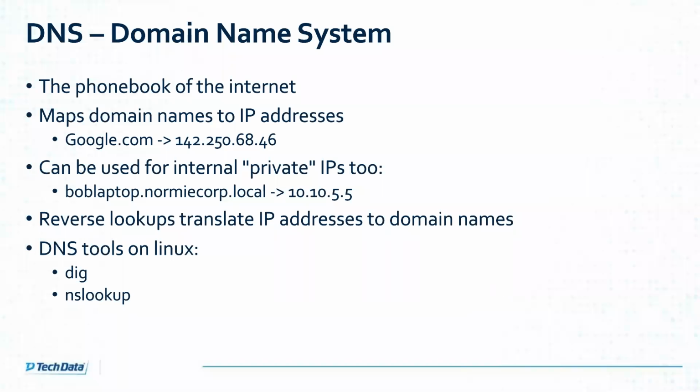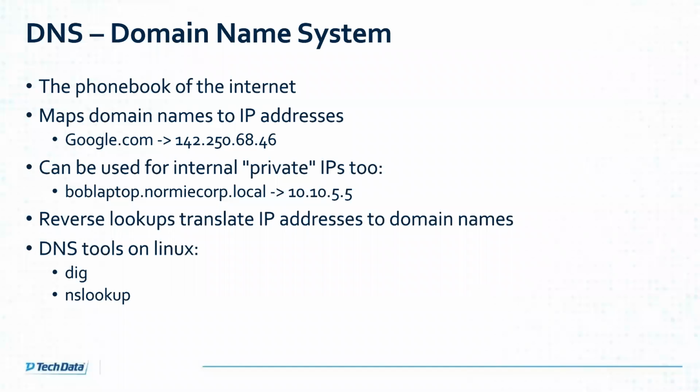Beyond public, it can also be used for private. So in your local area network or in an organization, different systems, whether they're user computers, intranet websites, or servers, can also have their own domain name system or DNS record that associates their private IP address with a name.